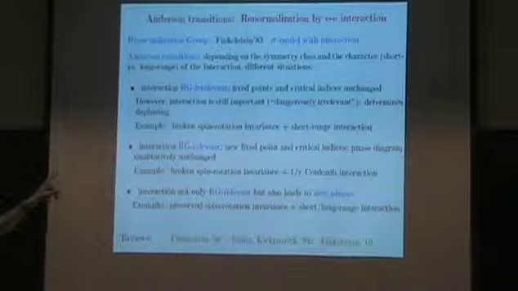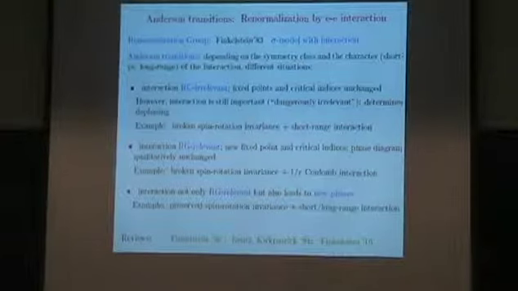There are situations when interaction is RG irrelevant at the transition, and it means a fixed point remains unchanged, and critical indices, those that are not related to interaction, also remain unchanged. Interaction still is important, formally called dangerously irrelevant from the point of view of RG, because it determines the dephasing rate, which means it determines where to stop the transition.